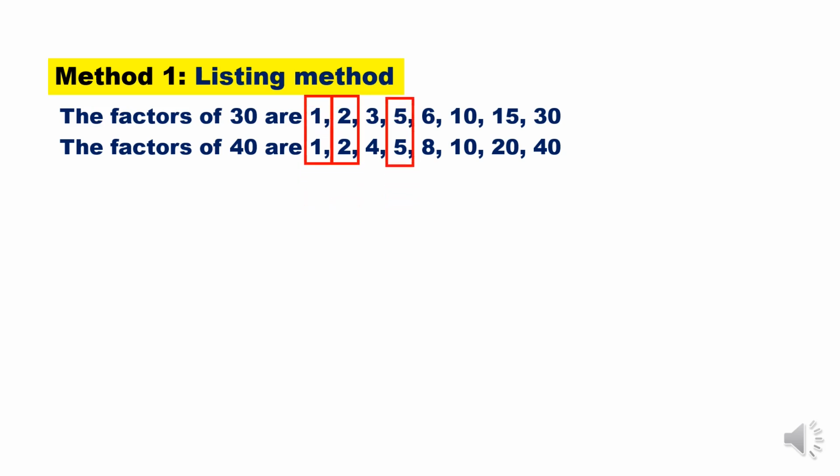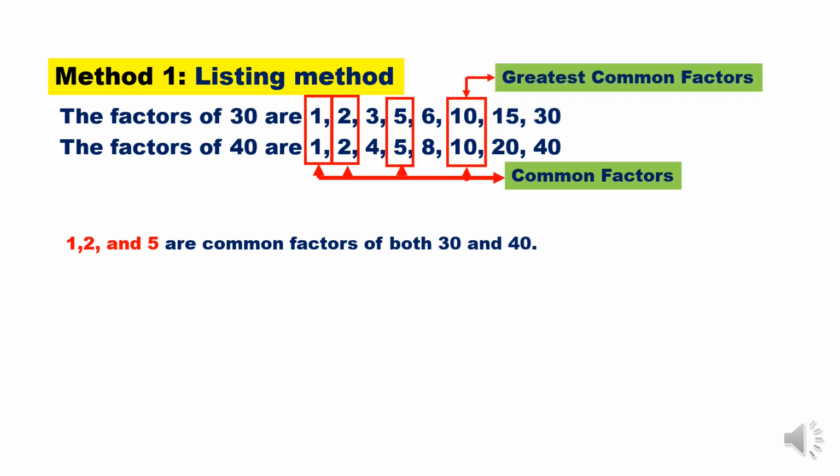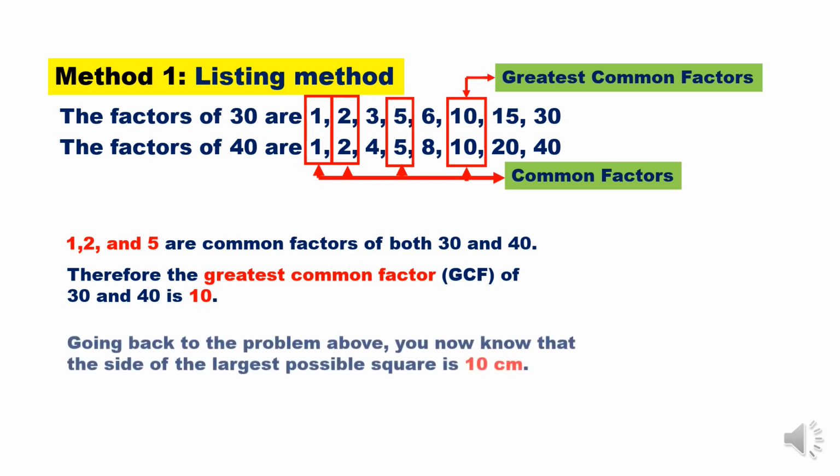The common factors of 30 and 40 are 1, 2, 5, and 10. 10 is the greatest common factor. Therefore, the greatest common factor of 30 and 40 is 10.